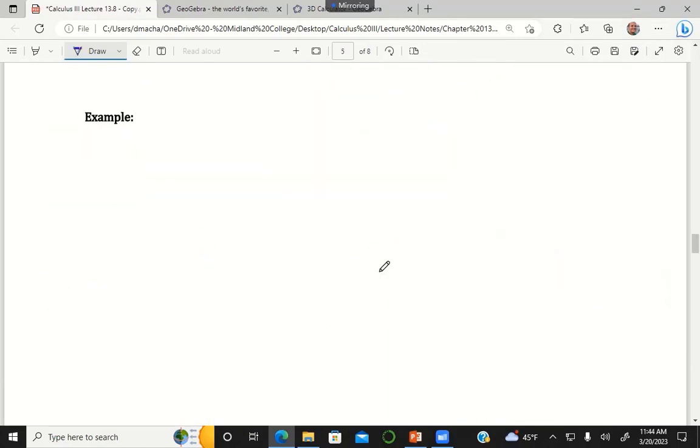So hopefully we have time for an example before we go. I'm going to say that g is a function of two variables. And I want to find the critical points.